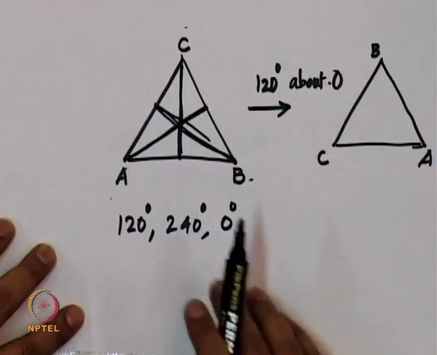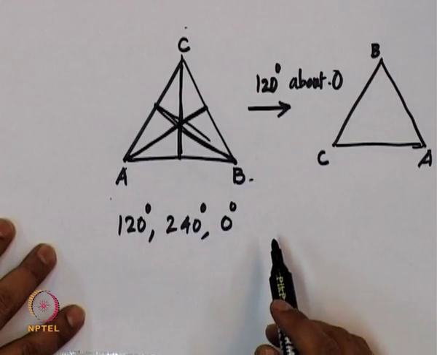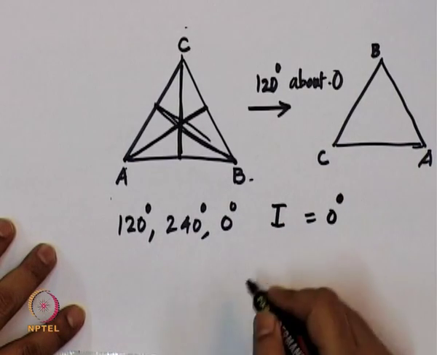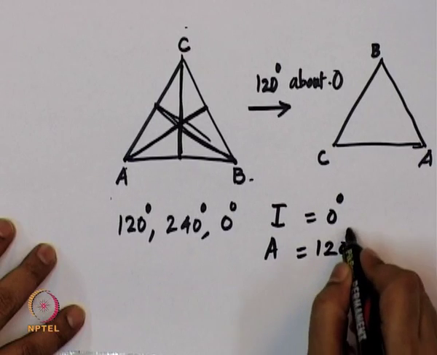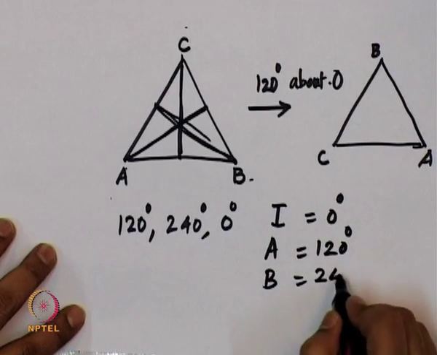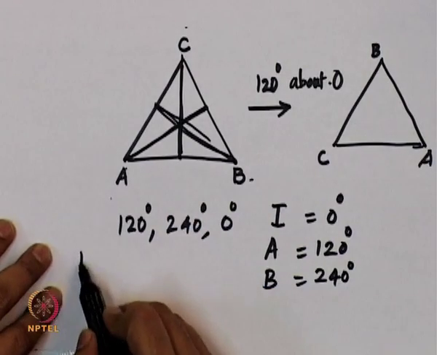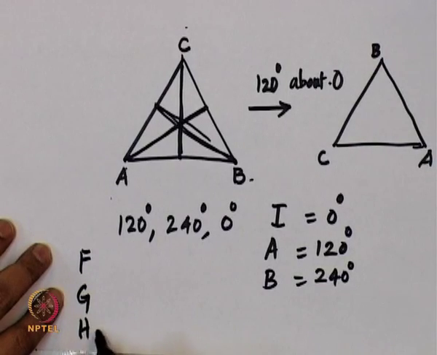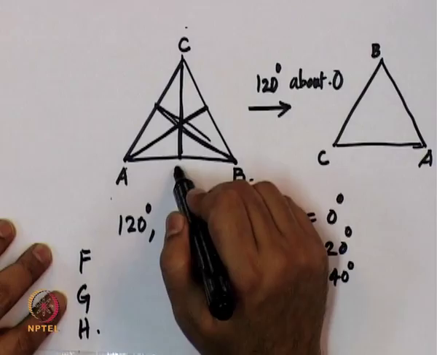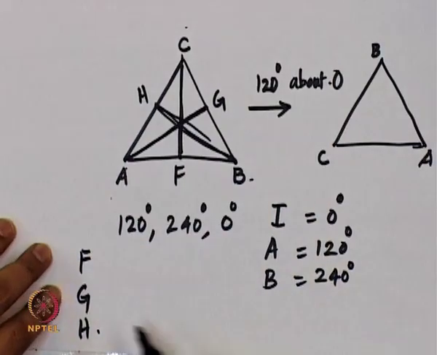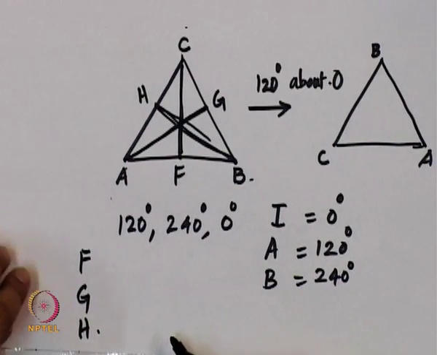So, these 6 operations: let me call the rotations I, which is the 0 degree rotation, A, which is the 120 degree rotation, B, which is the 240 degree rotation, and let me define these reflections as F, G and H. Depending on which perpendicular bisector you are doing the reflection about, these are called F, G, H. Now, the operations I, A, B, F, G, H actually form a group.